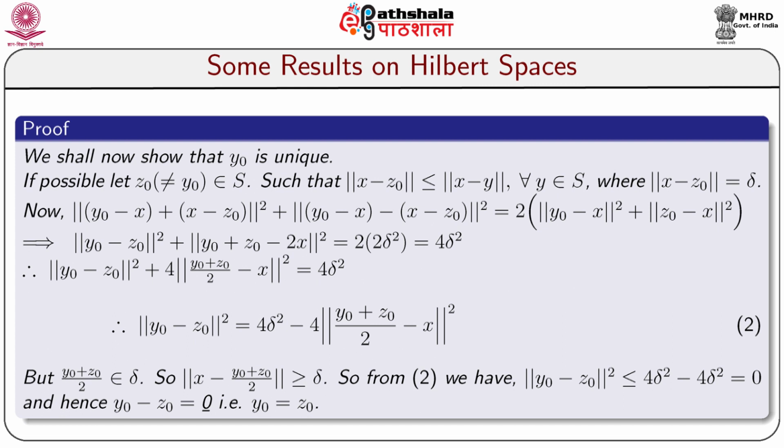So, norm of x minus (Y0 plus Z0 by 2) is greater than or equal to delta. Thus, from equation number 2 we have norm Y0 minus Z0 square less than or equal to 0, and hence Y0 minus Z0 equals 0, implying that Y0 equals Z0. Thus, Y0 belonging to capital S is unique.